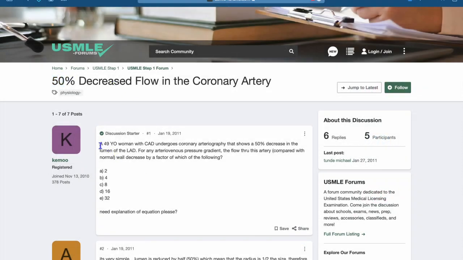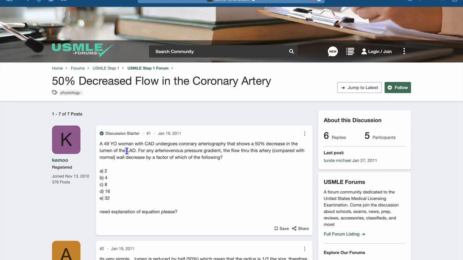Okay, so a 49-year-old woman with coronary artery disease undergoes coronary arteriography that shows a 50% decrease in the lumen of the LAD, or left anterior descending artery.